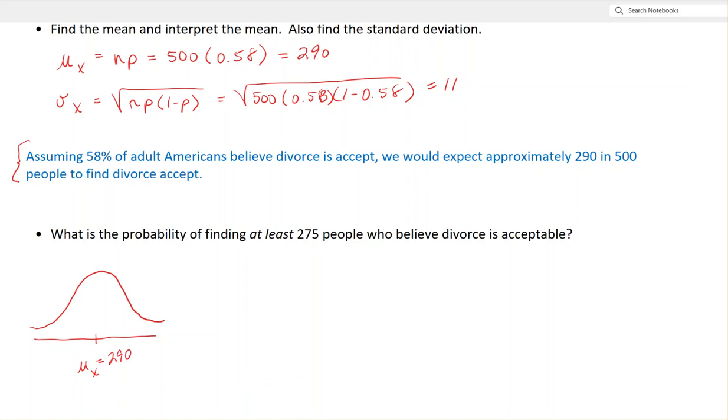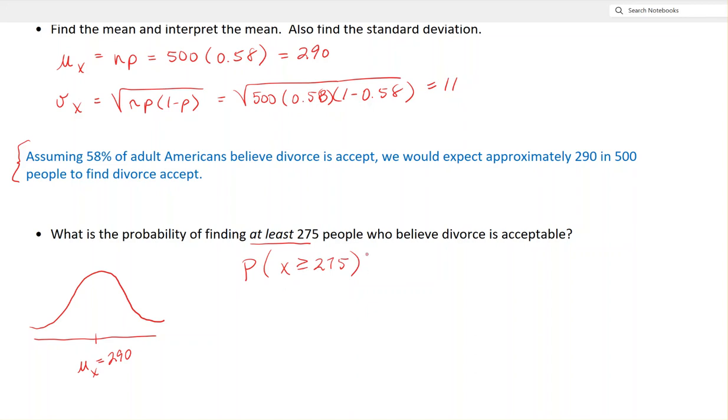Now, I want to know what's the probability, capital P, of finding at least 275 people. Well, X is our variable for success. So X is the number of people who believe divorce is acceptable. And I want to know at least 275, so that's going to be 275 or more. My symbol would be greater than or equal to 275. So the probability of finding 275 or more people who believe divorce is acceptable.